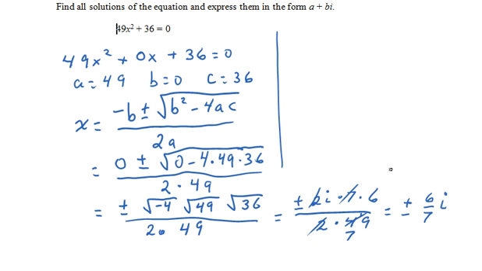Now the second method is actually shorter. In the second method, we start with 49x squared plus 36 equals 0, and isolate the x squared by first subtracting 36 and then dividing both sides by 49.